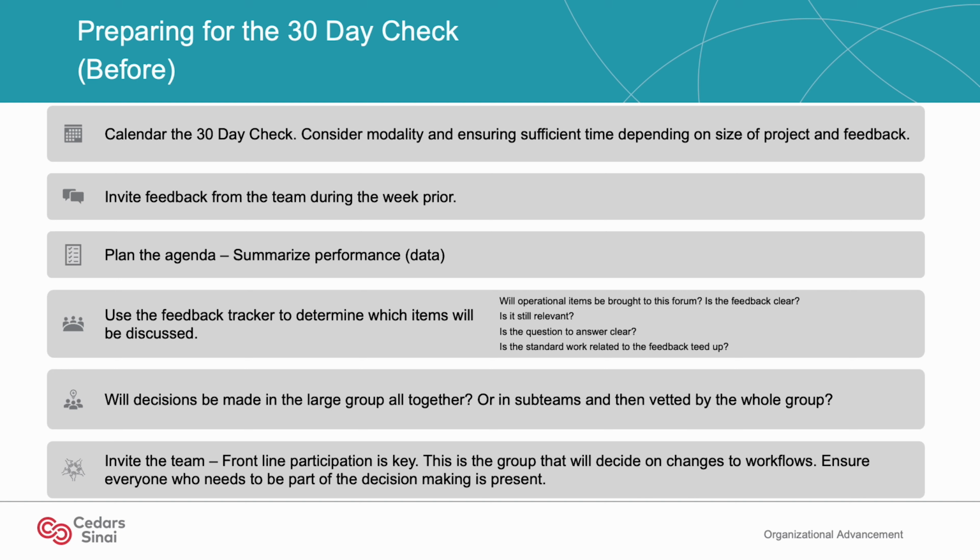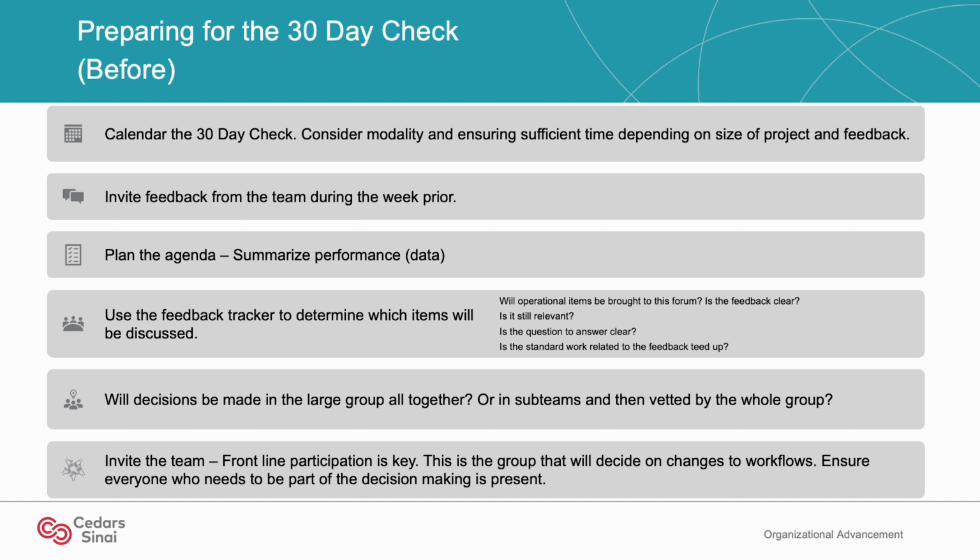Ensure that you have collected feedback from the team members at least a week before the meeting date so that there is time to analyze the feedback. Make sure that there is an agenda and that any relevant data is analyzed and ready to be presented by the meeting date. Utilize the feedback tracker to help you and your project leader to determine which feedback pieces will be discussed.